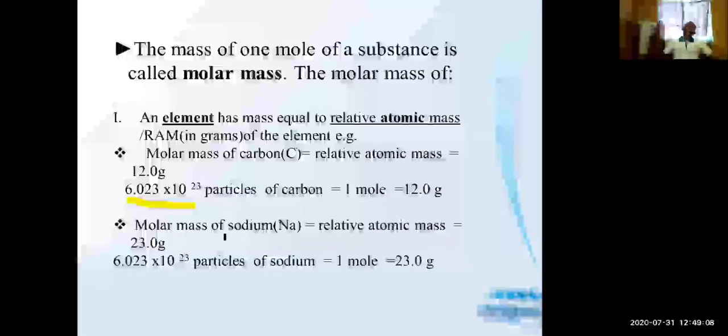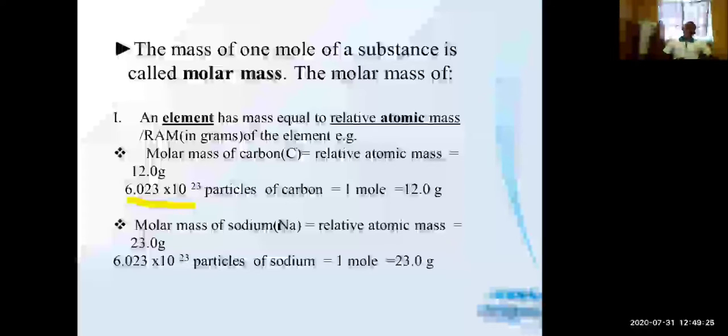Also we have the molar mass of sodium. The molar mass of sodium is equivalent to its relative atomic mass, and the relative atomic mass of sodium is 23. You should be able to know that.